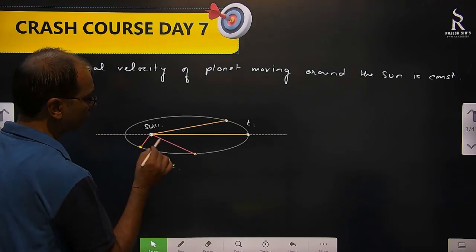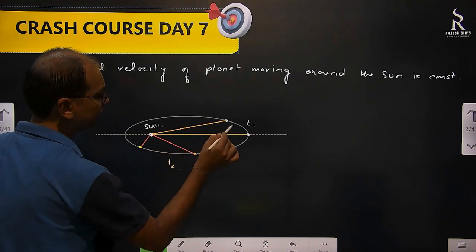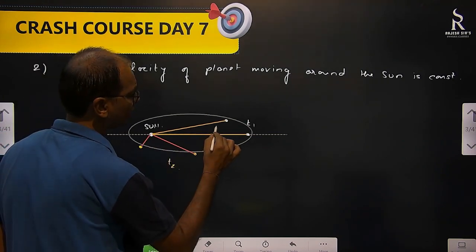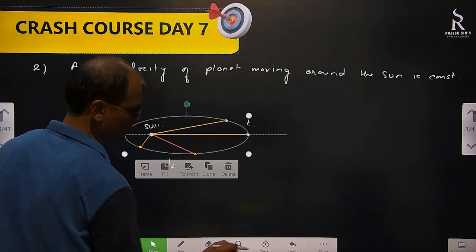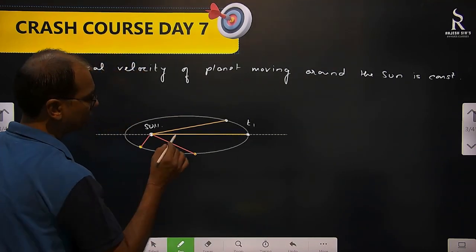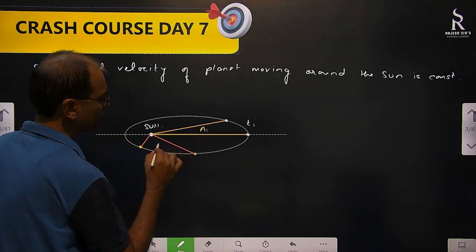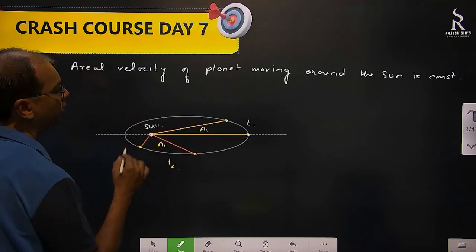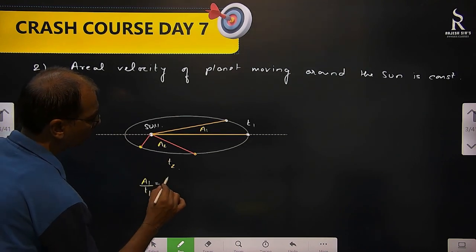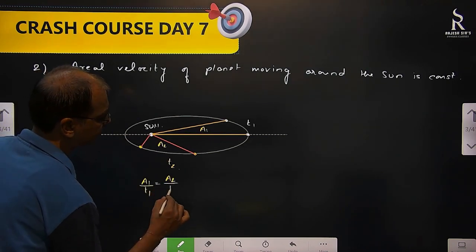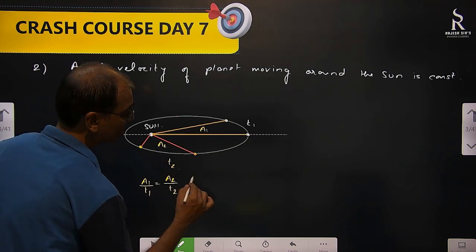If this area is A1 and this area is A2, then areal velocity means A1 by t1 equal to A2 by t2 is constant.